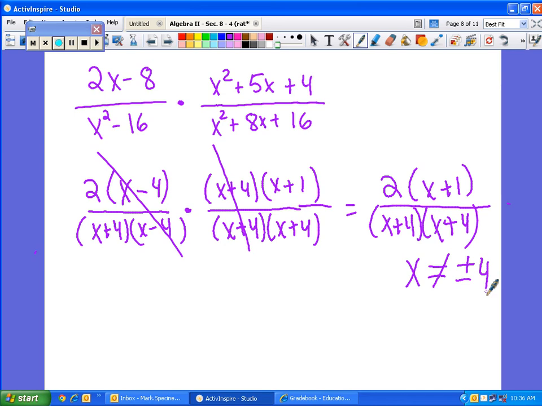Because what value makes this add up to 0? What value makes this add up to 0? That's where I got it from. And since these are duplicates, we don't have to write it again. Once we write it once, it's negative 4 regardless of how many binomials we have. Okay, does anybody have any questions?